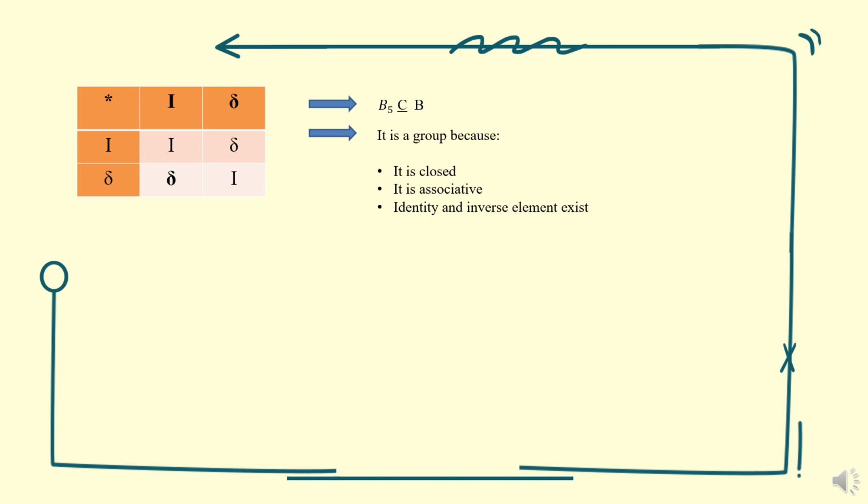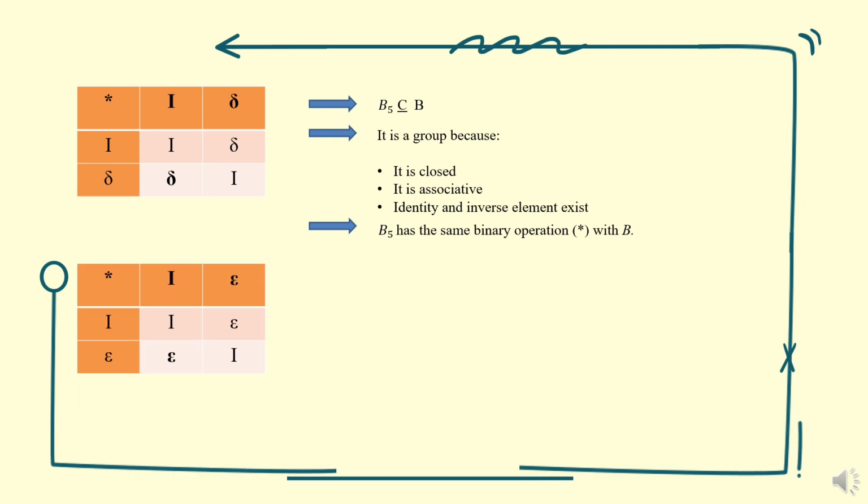So for example, the inverse of Roman numerals 1 is 1, and the inverse of gamma is also gamma. So next one, we can say that B5 has the same binary operation star with B or table B.